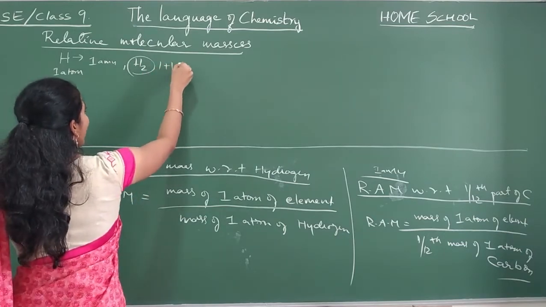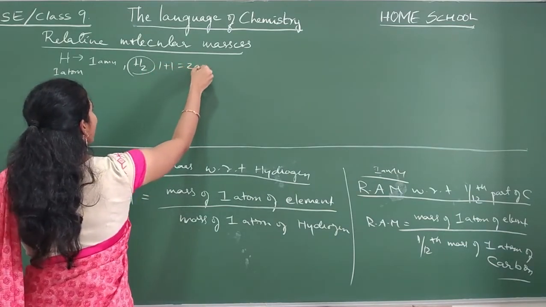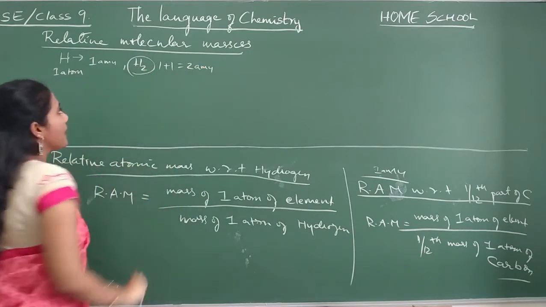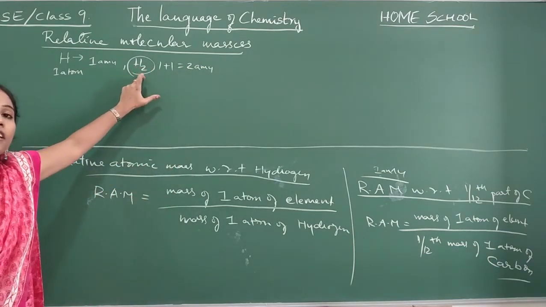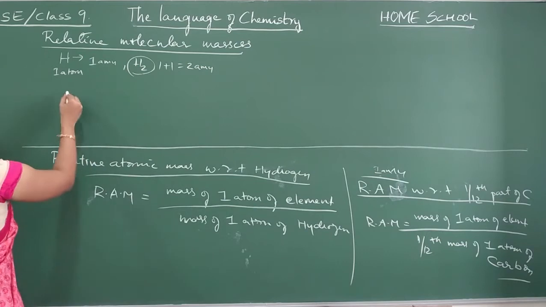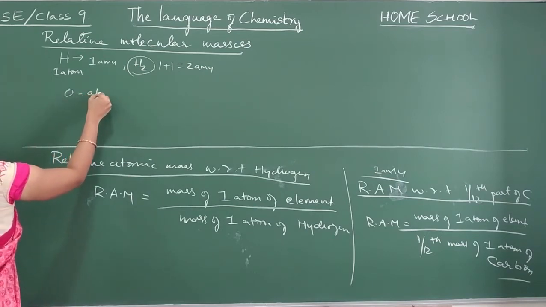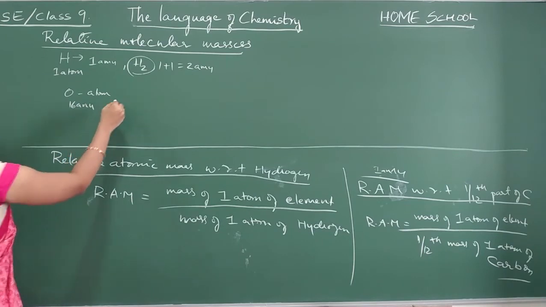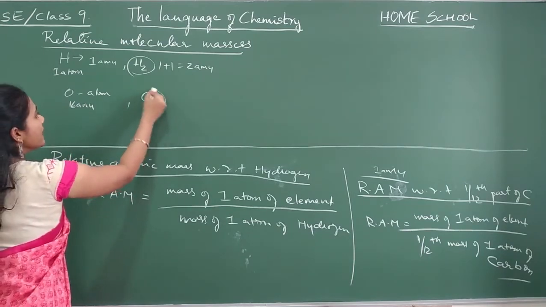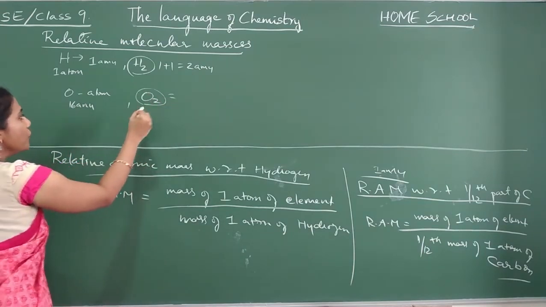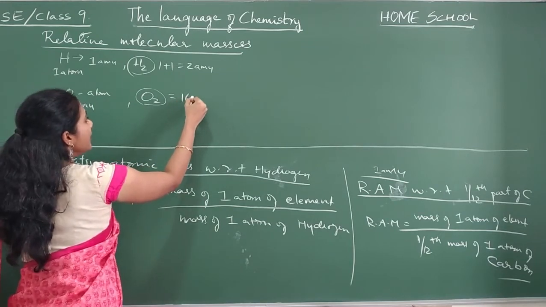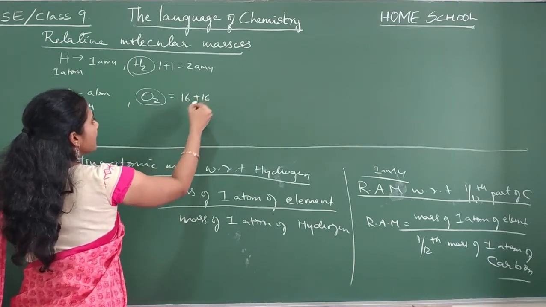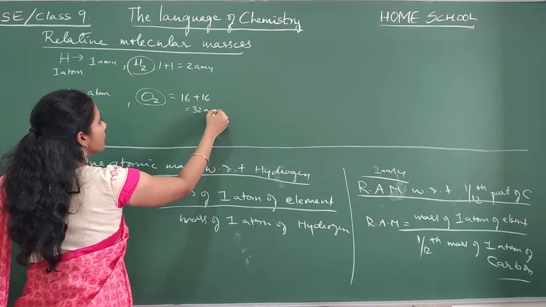So 1 plus 1, 2. So 2 AMU is the molecular mass of H2 molecule. Similarly, one single oxygen atom's mass is 16 AMU, and O2 is now a molecule. Its mass, 16 plus 16, that is 32 AMU.